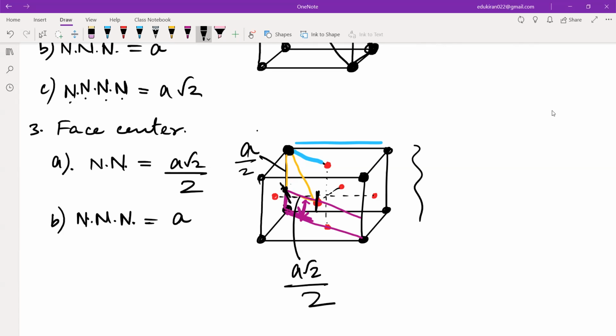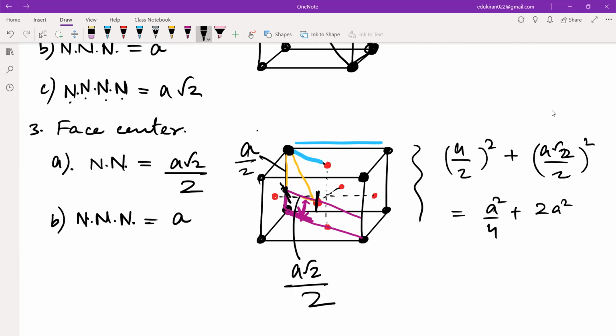So you can calculate this distance, which will be equal to (a by 2) whole square plus (a root 2 by 2) whole square. So this will be equal to a square by 4 plus 2a square by 4. है ना? So this will be 3a square by 4. सही है? Yes or no?